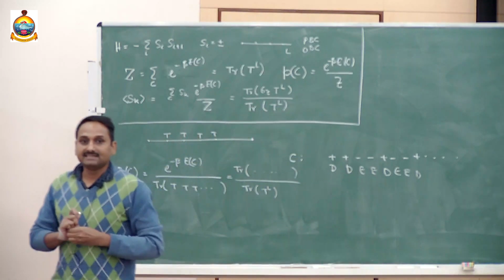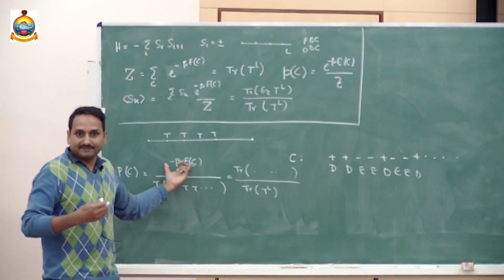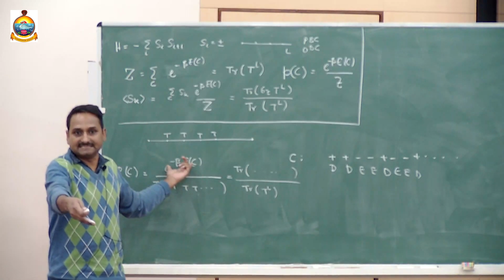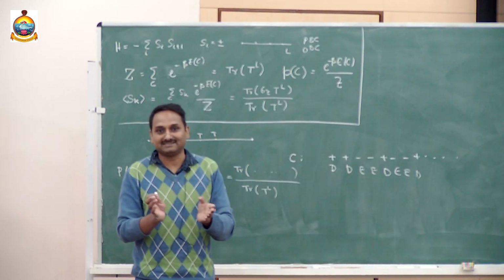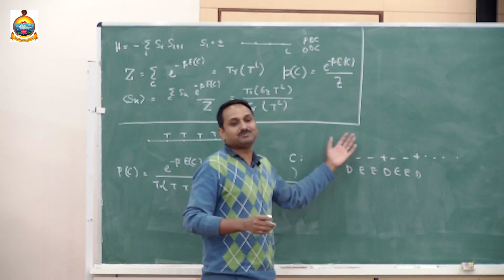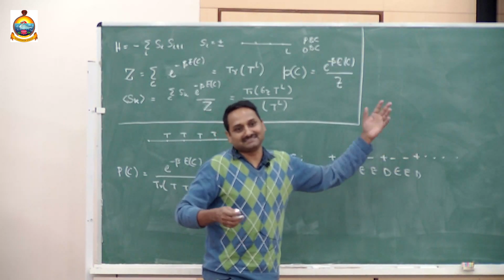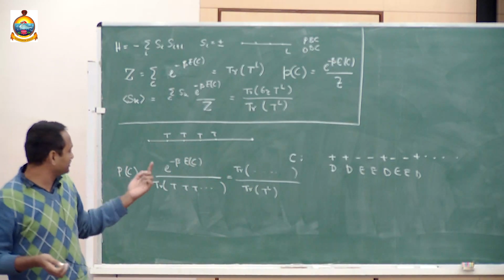Now, we know that the configuration weights are different for different configurations. That depends on the energy. So these D and E matrices must be non-commuting, because if they commute, then it doesn't matter what you write; it's just D to the power k, E to the power something. That may not be the physical one, and may not correspond to this.